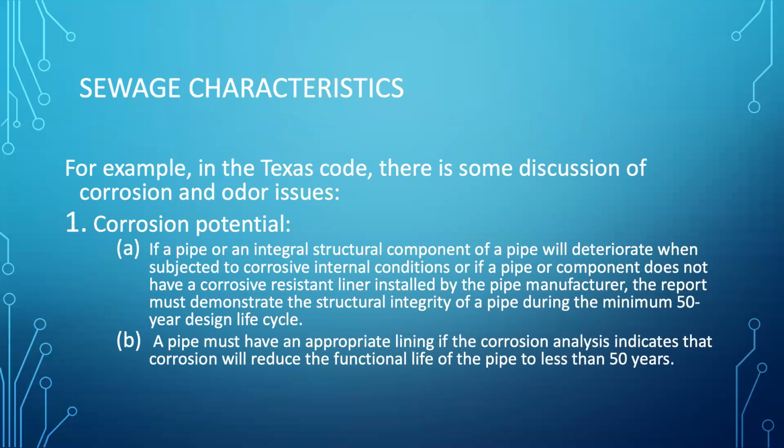If a pipe or an integral structural component of a pipe will deteriorate when subjected to corrosive internal conditions, or if a pipe or component does not have a corrosion-resistant liner installed by the pipe manufacturer, the report, that would be the design report, must demonstrate the structural integrity of a pipe during the minimum 50-year design life cycle. So if we don't explicitly provide piping that's corrosion resistant, we have to demonstrate in a report by some kind of analysis and projection that that pipe will still be there 50 years into the future.